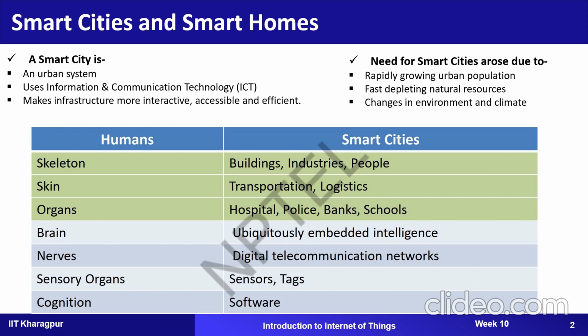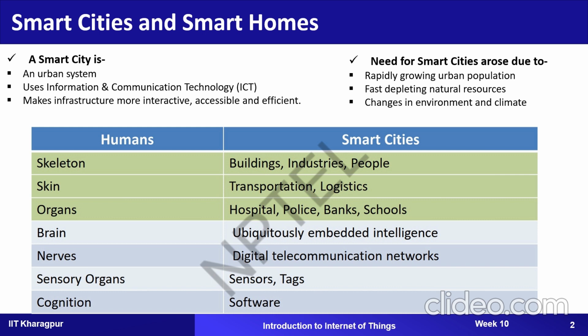Then the organs. In humans, there are various organs. Similarly, for smart cities, hospitals, schools, banks, police stations are the organs of a smart city. Then the brain. In smart cities, the embedded intelligence, that is using machine learning or artificial intelligence, is the brain. Then the nerves, which are responsible for communication in the human body.